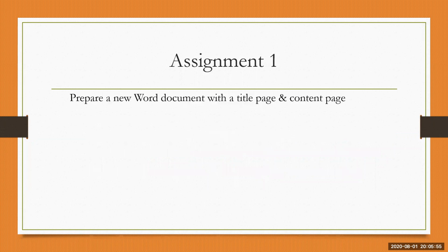What you need to do then is to prepare a new Word document with the title page and a content page, and you're going to format it according to APA. Use the title as a level 1, and then read the directions of the assignment very carefully, and decide on some level 2 headings.